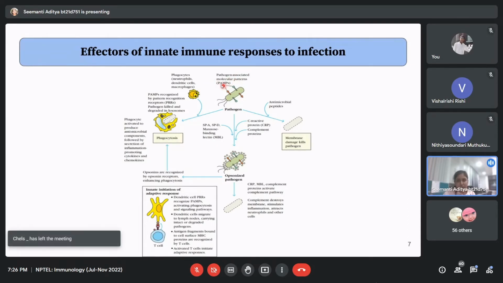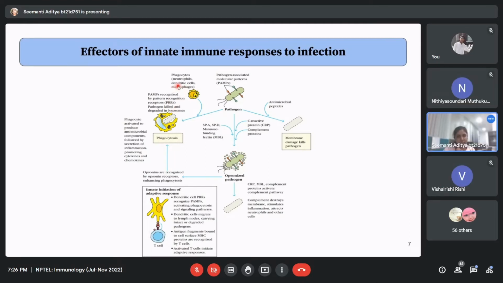Now, pathogen-associated molecular patterns are recognized by certain receptors or protein molecules expressed on the surface of the phagocytic cells. That could be macrophages, dendritic cells, or neutrophils. So PAMPs are recognized by PRRs. PRRs are receptor molecules present on the surface of these phagocytes. So PAMP and PRR interaction is essential for the phagocytosis of the pathogen.